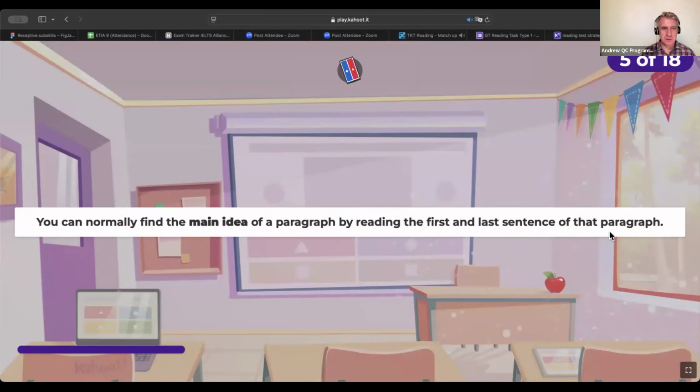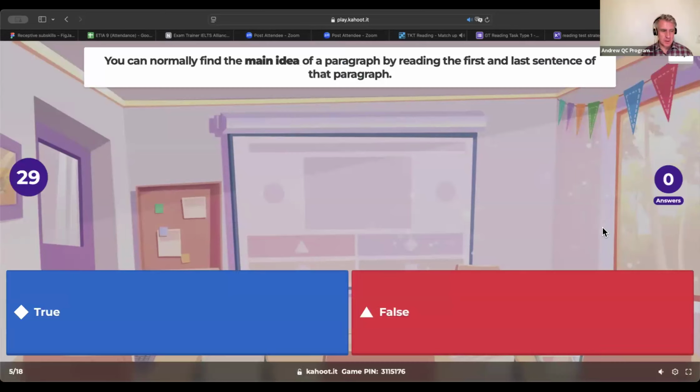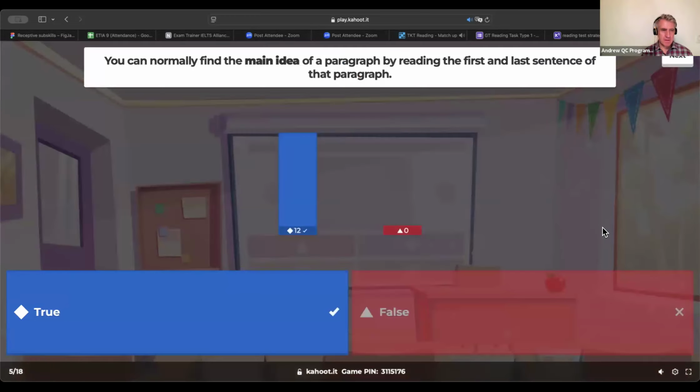True or false? Main idea by reading the first and last sentence. Yeah, true. Because the first sentence in the paragraph is usually the topic sentence, and often the final sentence kind of summarizes it.